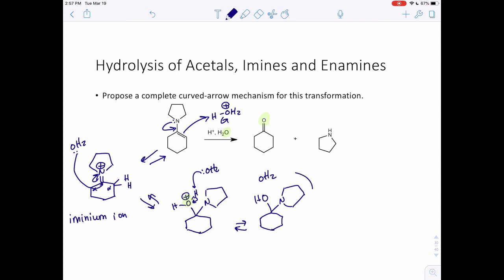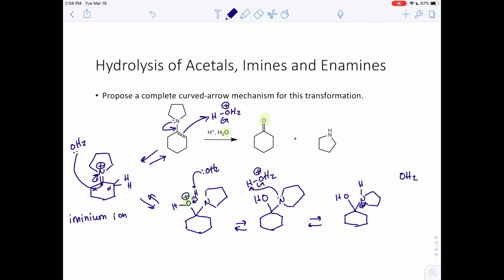We have to make a good leaving group out of this amine, so we need to protonate it, just like we would a hydroxyl. We're going to protonate it using hydronium. That will generate this intermediate, which has the protonated amine. You have your good leaving group now. We're almost there.